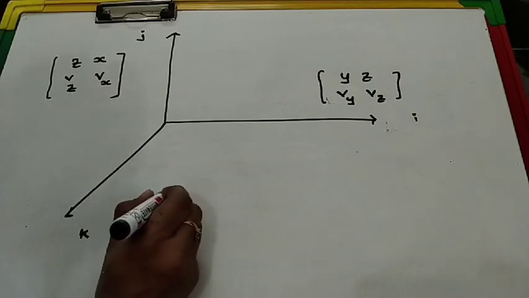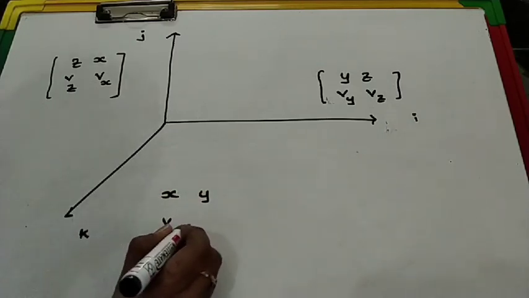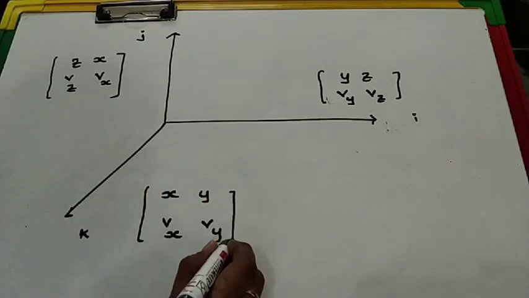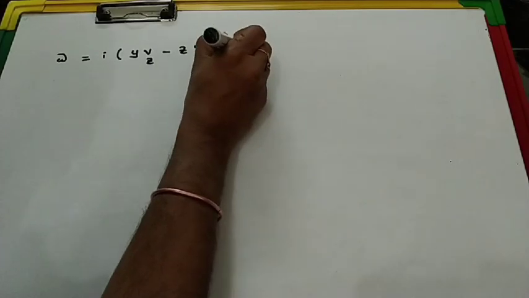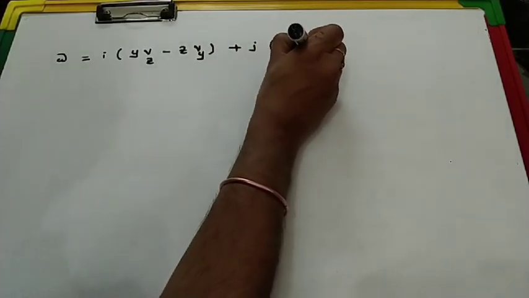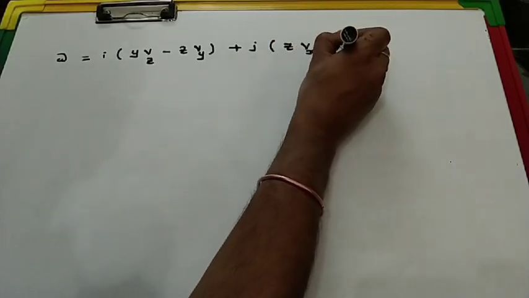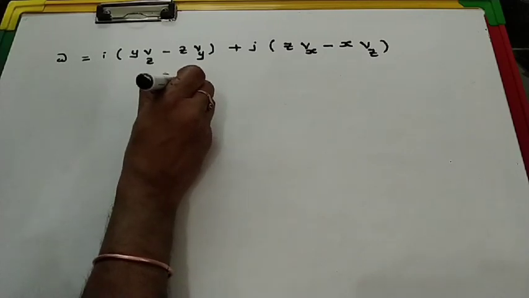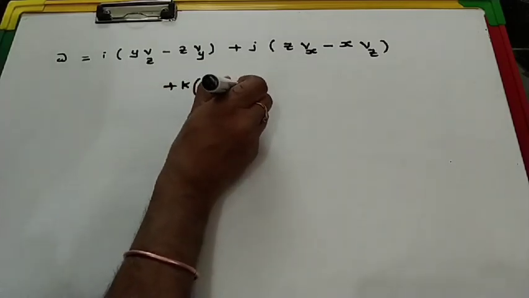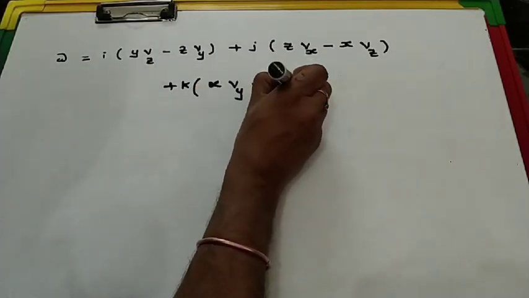On k vector x, y, vx, vy. This is origin O. Therefore, that is equal to i into y vz minus z vy, plus j into z vx minus x vz, plus k into x vy minus y vx.